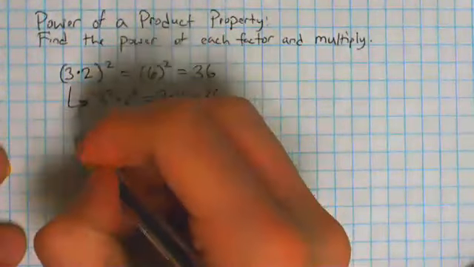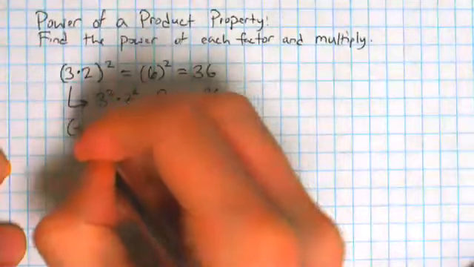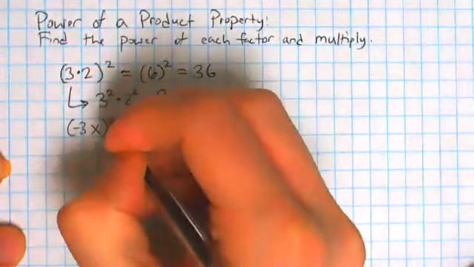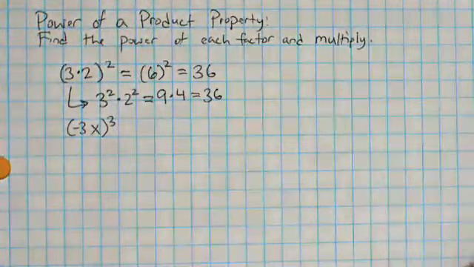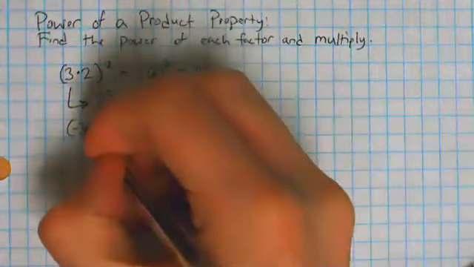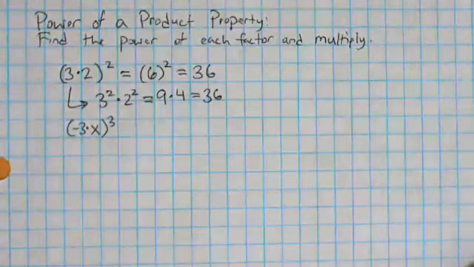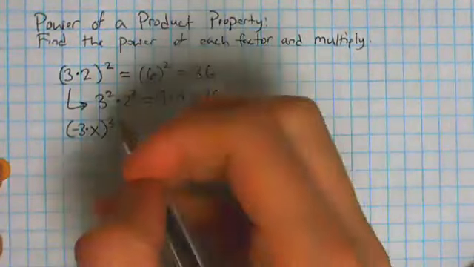If we had inside our parentheses instead, say, negative 3x, cubed on the outside, we obviously can't multiply negative 3 and x together. They're already multiplied together, and even if they're not, it's just negative 3x. So we can take each factor inside our parentheses to that third power.